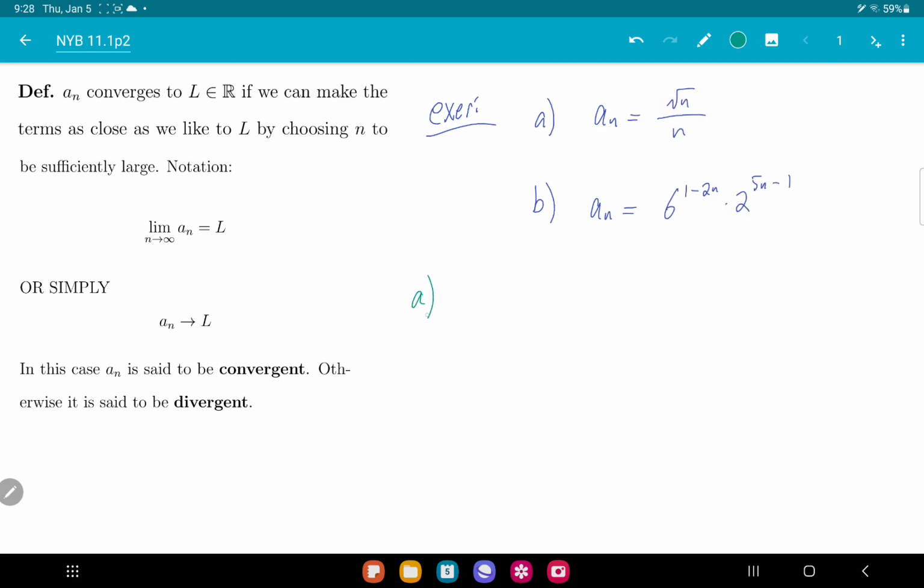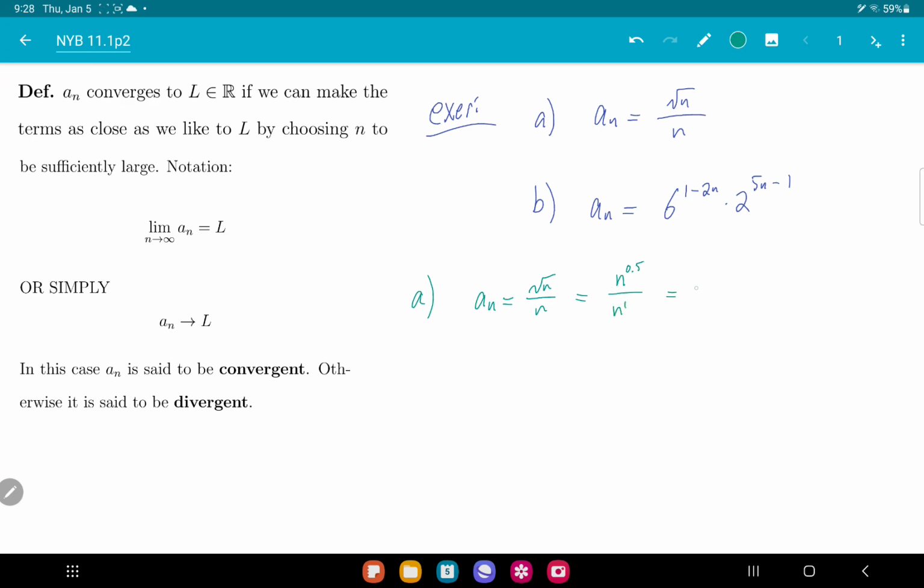Solutions, rather. Okay, first one. A_n is equal to root n over n. Now, if I simplify that, that's n to the 0.5 over n to the 1.